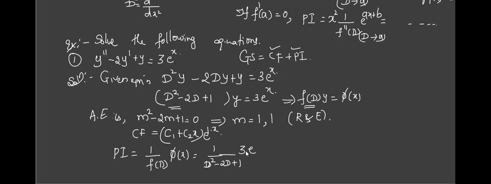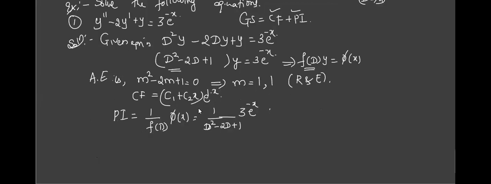Just make one change. Make it e raised to minus x. Write it in the question itself, change it to minus x. Don't worry, I'll come back to this question again. Is this going to affect the 3? Obviously not, 3 is a constant.